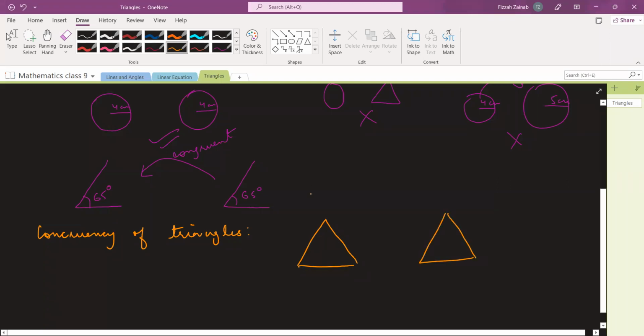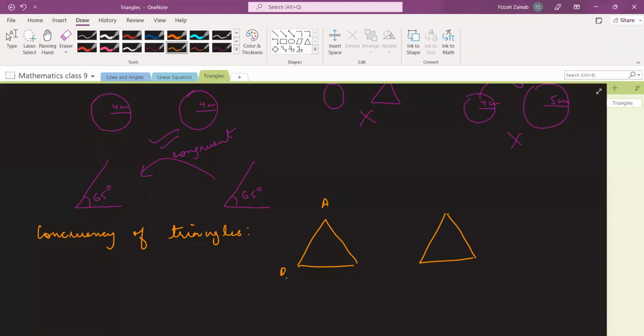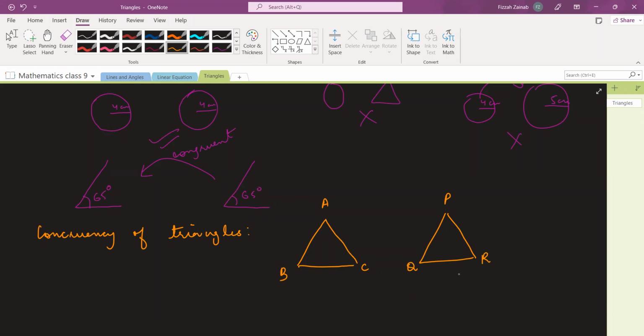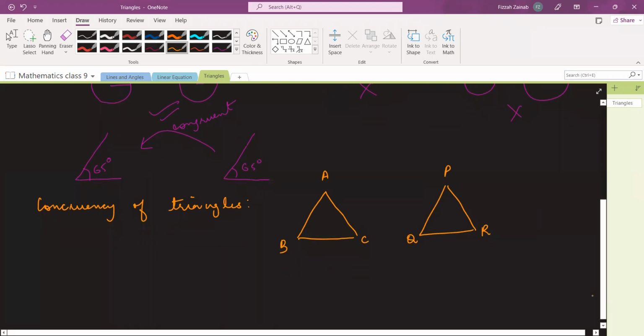I think this is your triangle ABC. This is your triangle PQR. Okay. So if this side, AB side, is exactly equal to side PQ, correct?